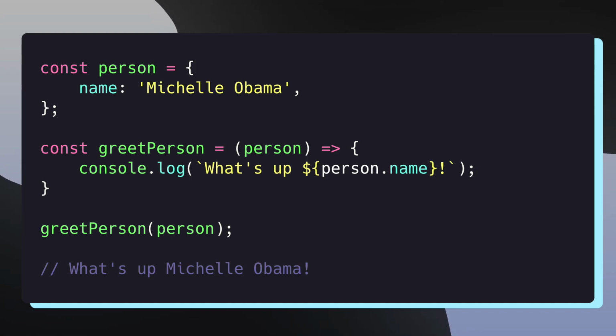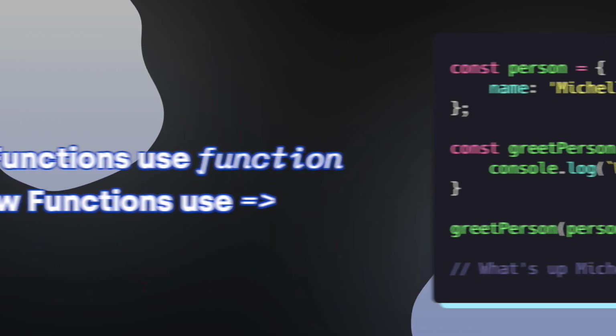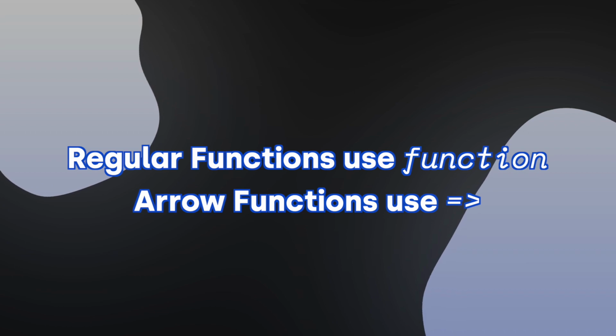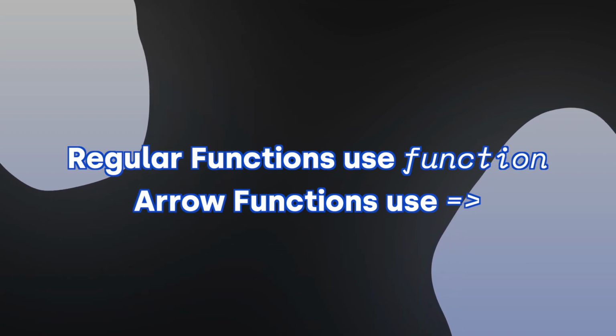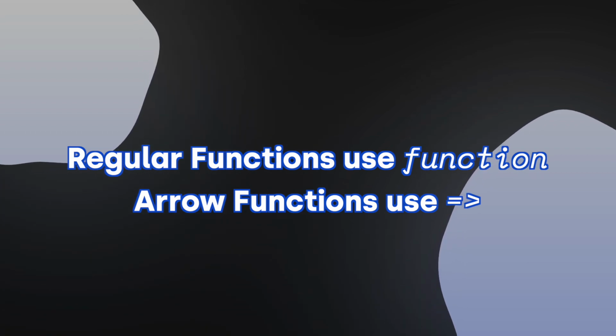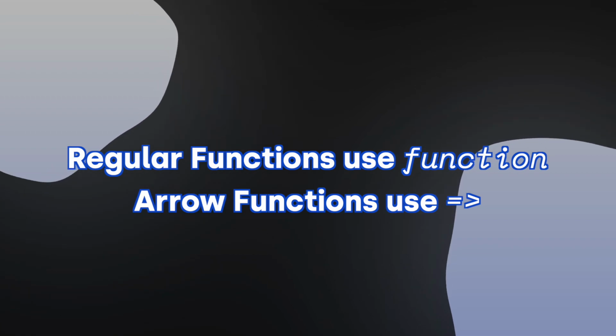And then after our arguments, we use the equal and greater than signs to create an arrow. And after our arrow, we open our function block scope with curly braces, and then the rest is just defining the function logic. So the major difference between a regular function and an arrow function is how they start off, where a regular function uses the function keyword and arrow functions use an arrow. So that's a pretty standard example of an arrow function.